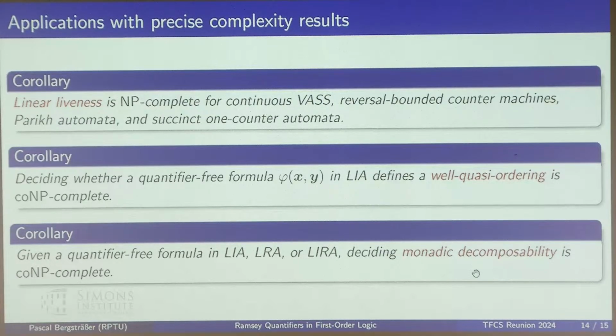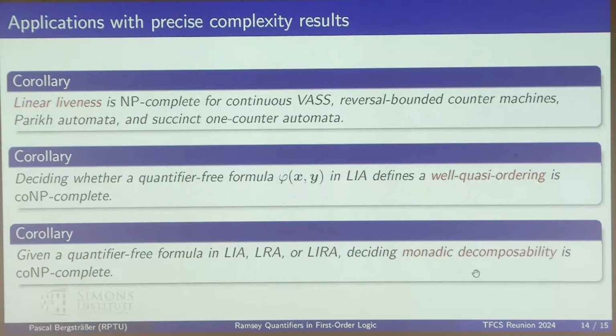The last I want to talk about is monadic decomposability, a well-known problem in verification, where you're given some formula in linear arithmetic with multiple free variables, let's say x, y, z. Now you want to check if these variables can be decoupled: you want to find a Boolean combination of unary formulas, formulas that only depend on one variable, so that those variables are independent from each other.